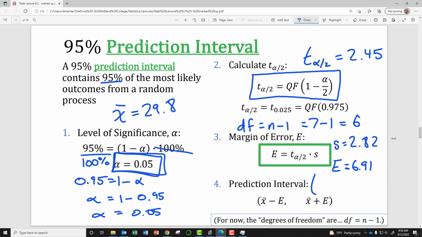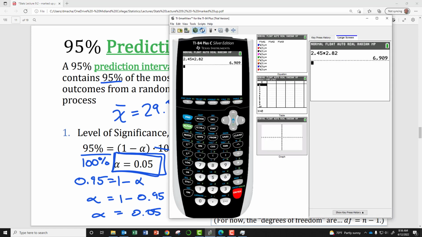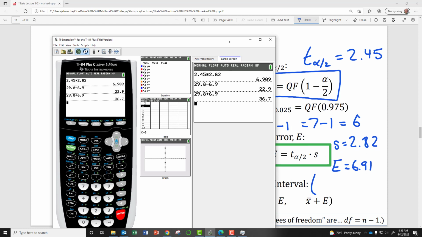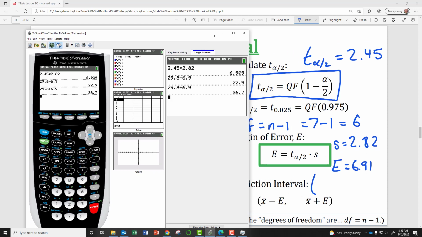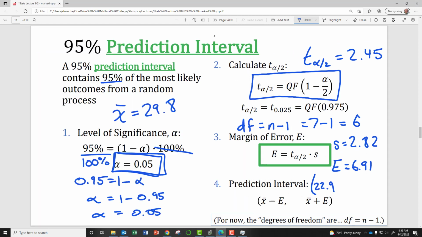So 29.8 minus 6.9, that's going to give me my lower bound, and then 29.8 plus 6.9. So my sample mean minus my margin of error, and then my sample mean plus my margin of error. That's going to give me my upper bound of 36.7. So lower bound 22.9, upper bound 36.7.